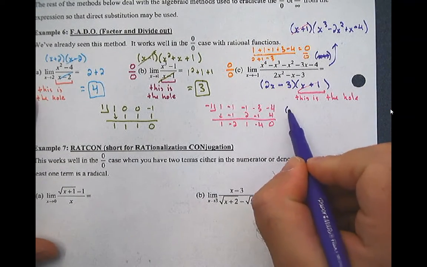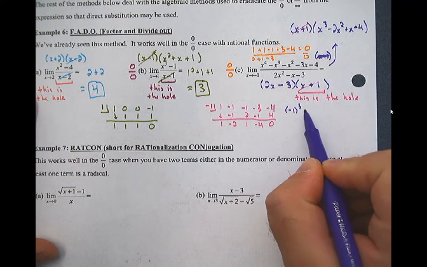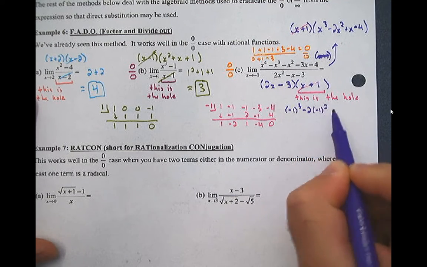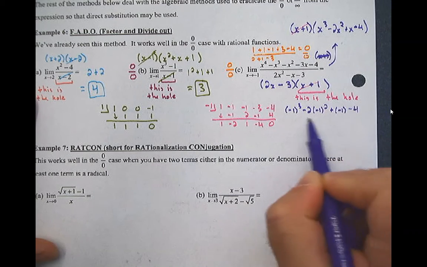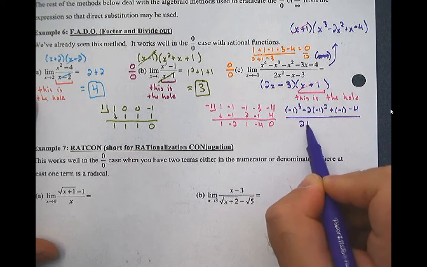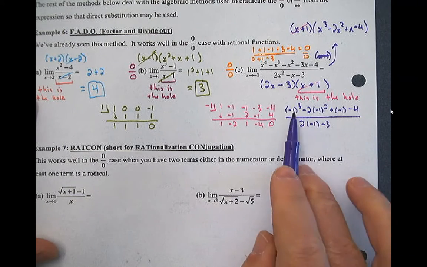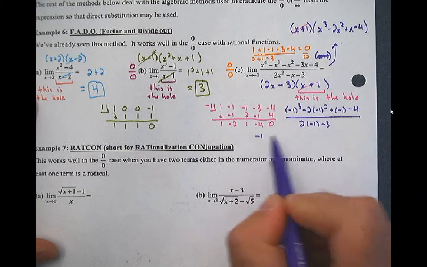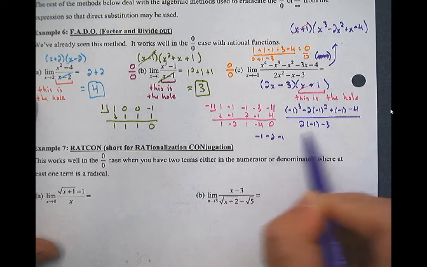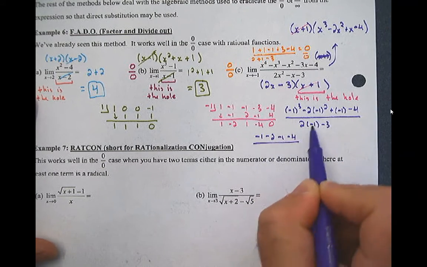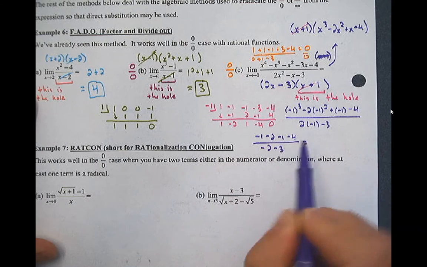So it would be negative 1 cubed minus 2 times negative 1 squared plus negative 1, subtract 4, over 2 times negative 1 minus 3. So what's that? Negative 1, that's negative 2, minus 1, minus 4, over negative 2 minus 3.